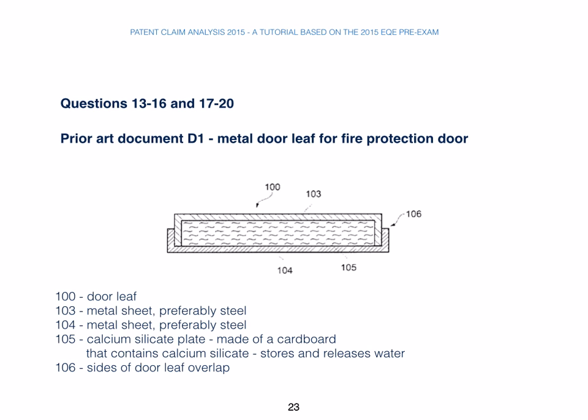Paragraph 2 shows a door for a hinged fire protection door, and although different metal materials can be used, steel is preferred, and steel has a melting point of 1300, which can withstand high temperatures. Paragraph 3 states that the box-like structure is filled with calcium silicate plate, which is made of cardboard containing calcium silicate, and the cardboard contains wood fibers distributed within the plate, and the calcium silicate evaporates in case of fire.